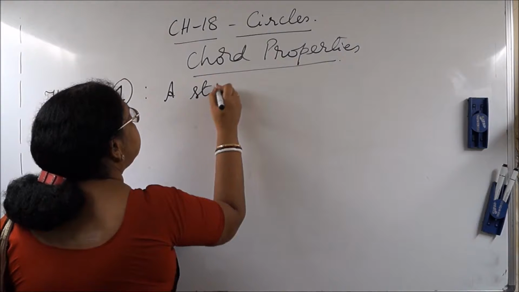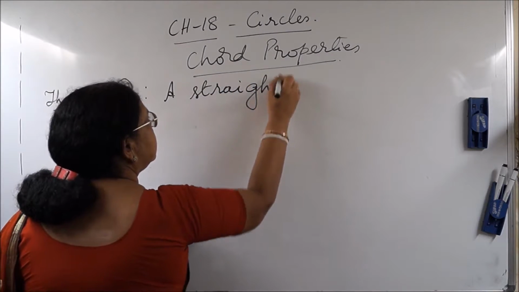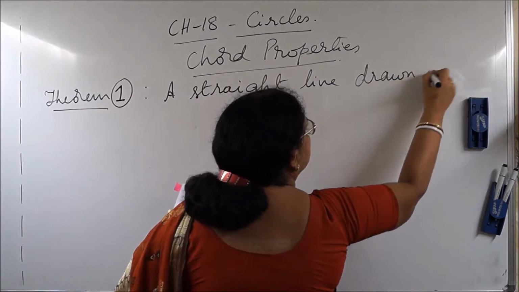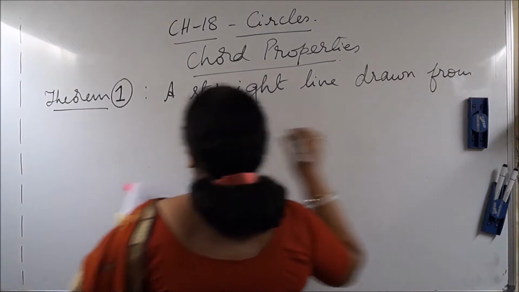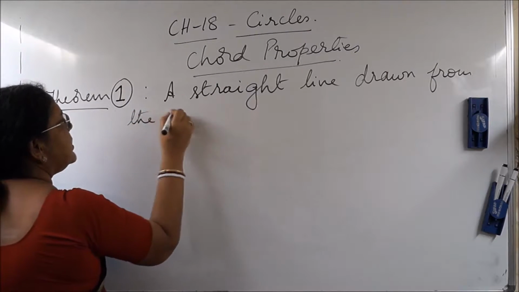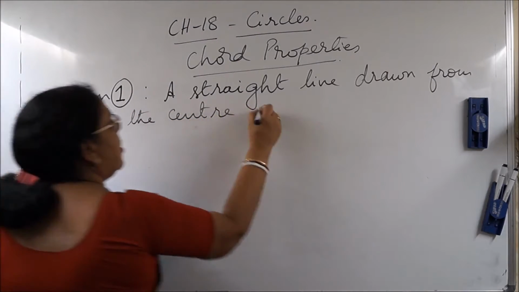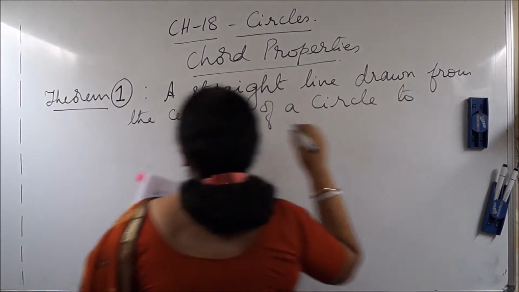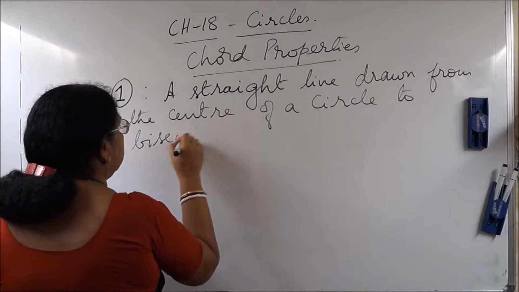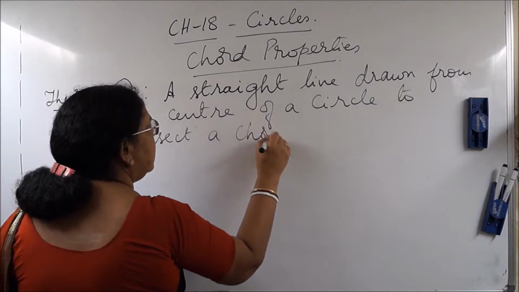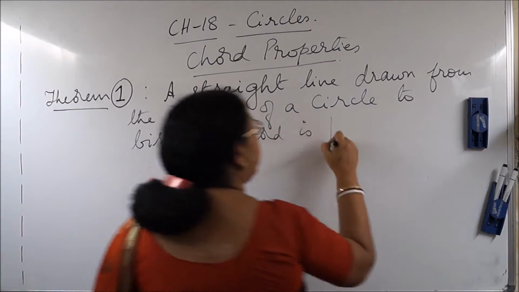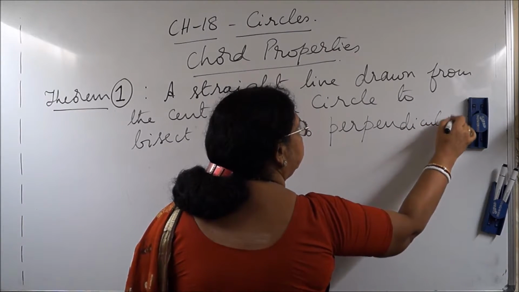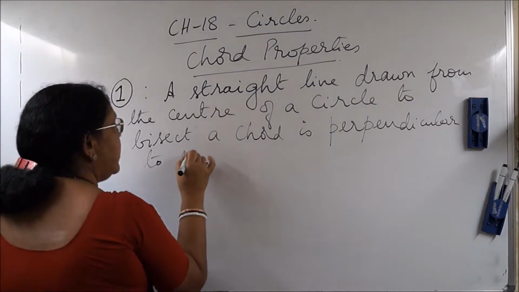A straight line drawn from the center of a circle to bisect a chord is perpendicular to it. Is perpendicular to the chord.